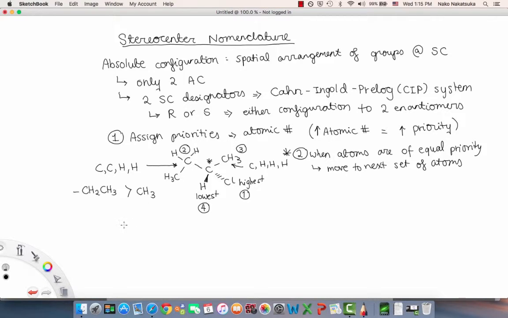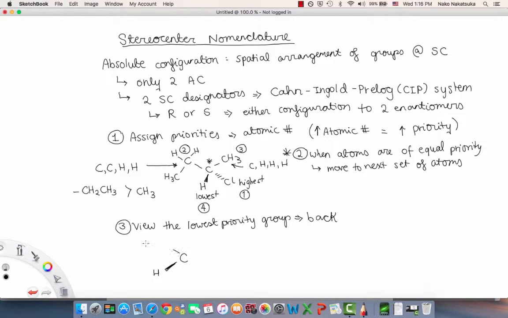So now, for part 3, what you have to do, and this is where your molecular models come in really handy, you have to view the lowest priority group. So in our case, it's hydrogen, and this is often the case, and we want to look at it in the back. So now let me redraw this for you and make the hydrogen go behind.